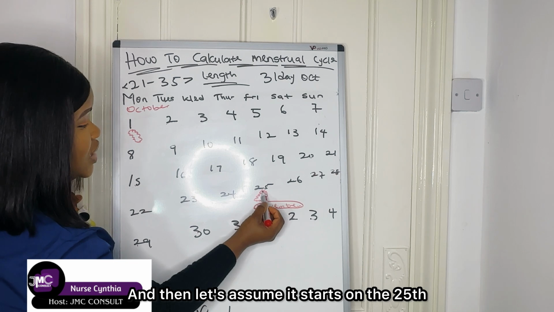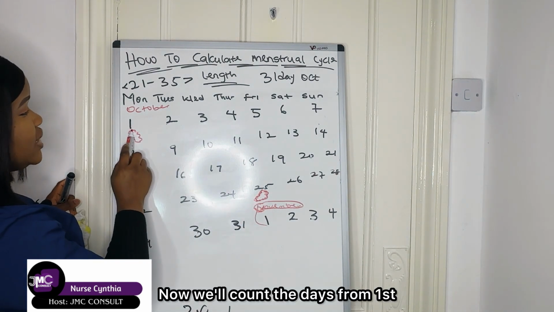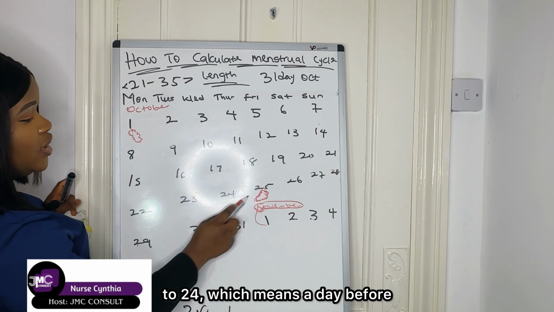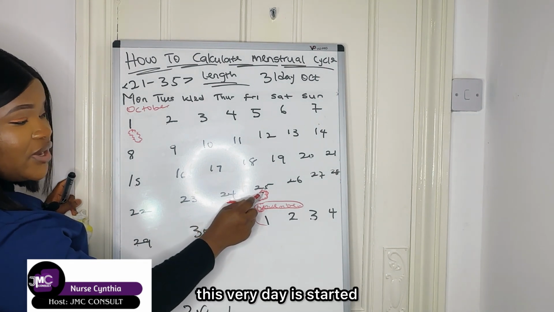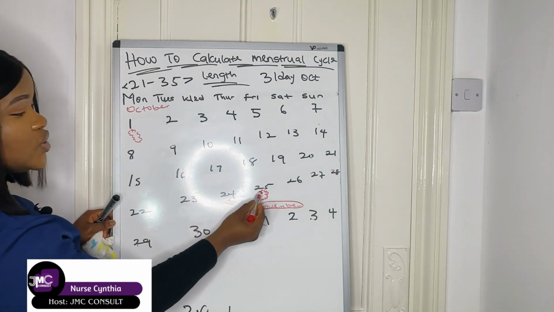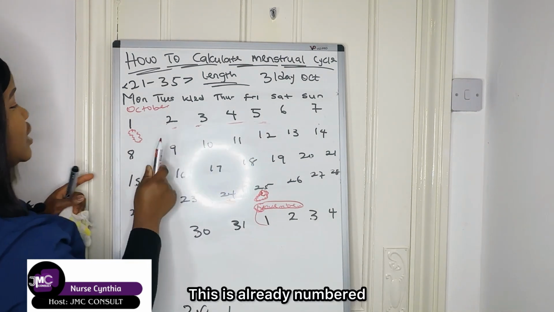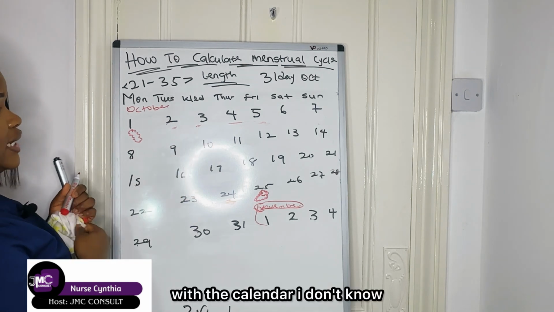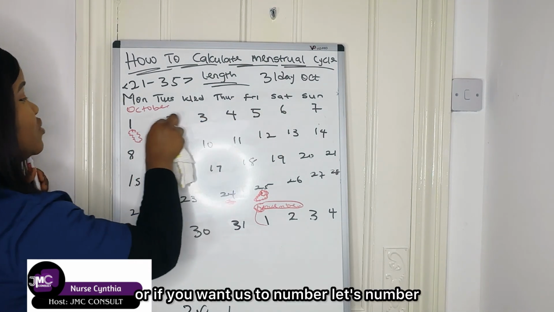And then let's assume it starts on the 25th. Now we'll count the days from the 1st to the 24th, which means a day before this very day it started. We don't even have to start numbering, this is already numbered with the calendar. Or if you want us to number, let's number.